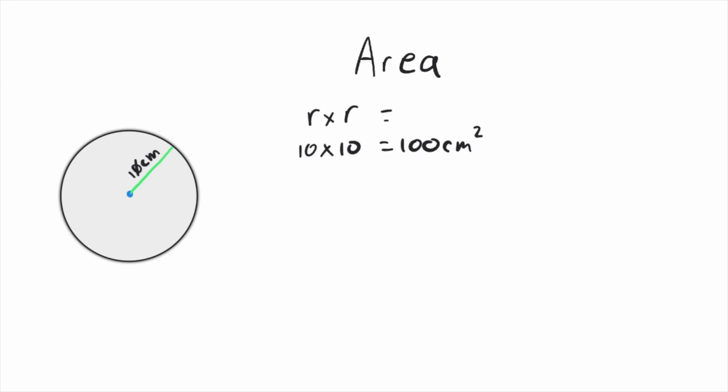If we take that 100 centimeters squared, which would be here, and we repeat it again throughout that circle, we've got another version here, we've got all this excess that's around the outside that we actually don't need.